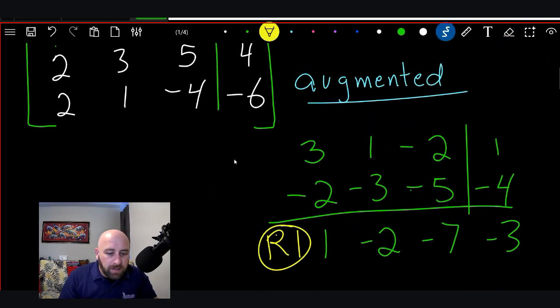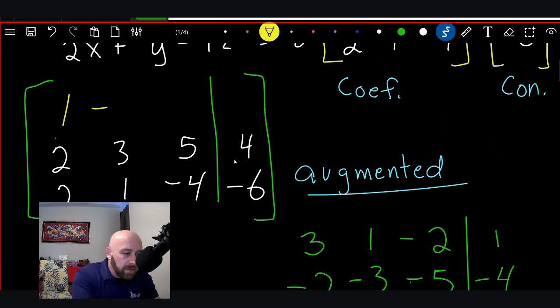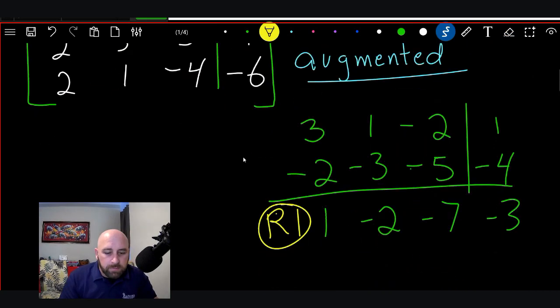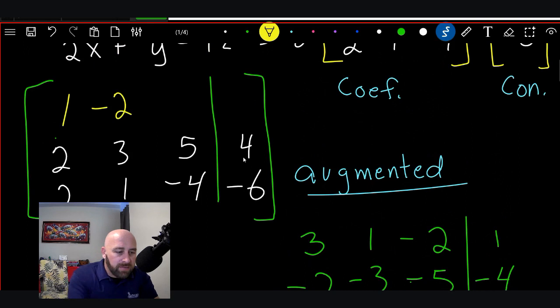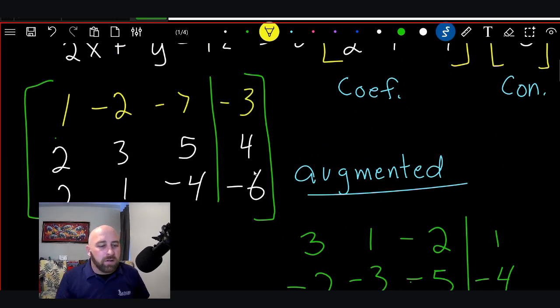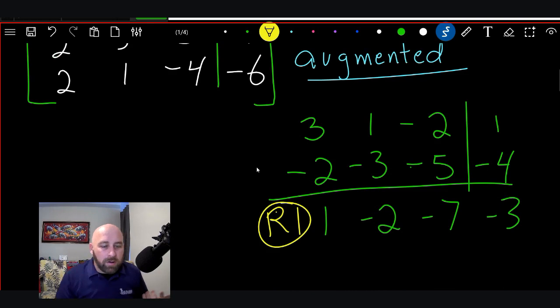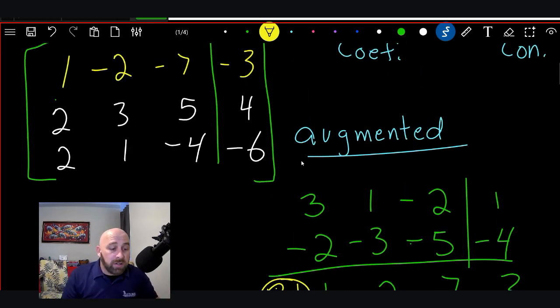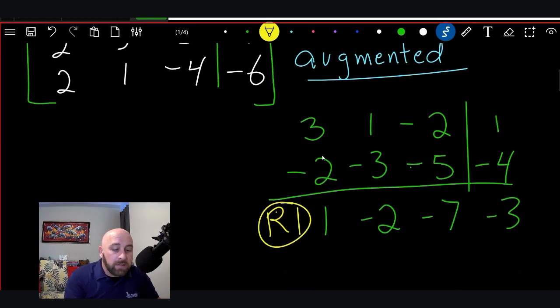I'll put it in yellow. I have 1, -2, -7, -3. Okay, so that's my new row 1. How did I get my new row 1? Well, I took my row 1 and my row 2 and I combined them to give me a 1 in the first spot.